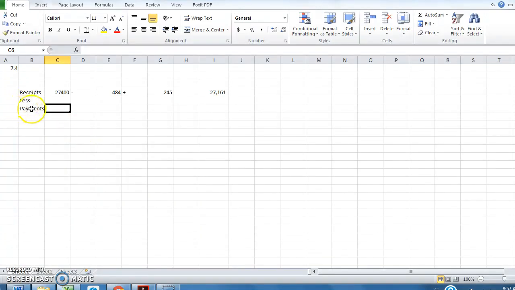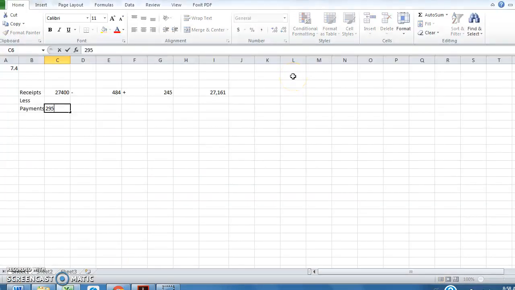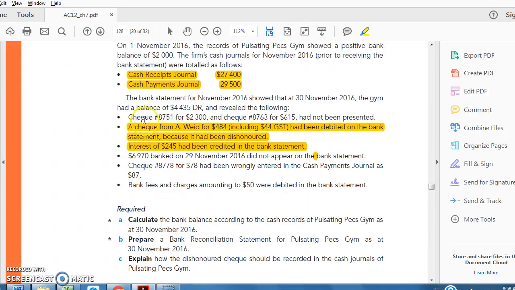The next thing we have to do, though, as we would have looked at from chapter 6, is we need to less our payments. So similar start, we take our cash payments journal, so 29,500, and we need to go through once again. So what payments are we looking at that we're yet to include? So there is our mistake here.